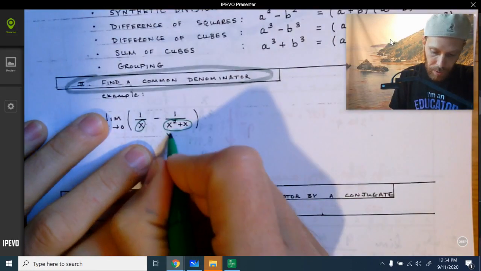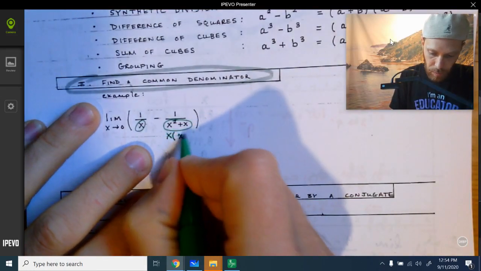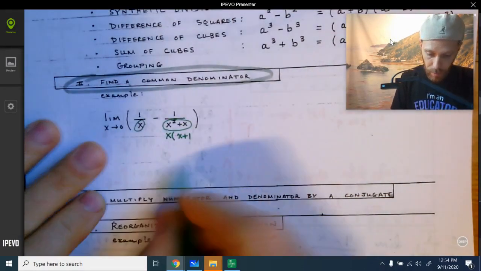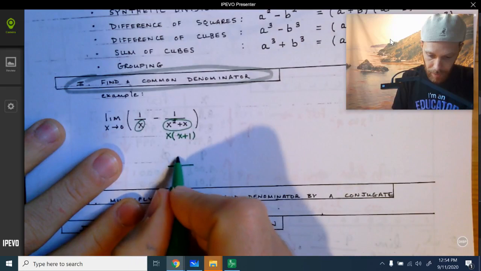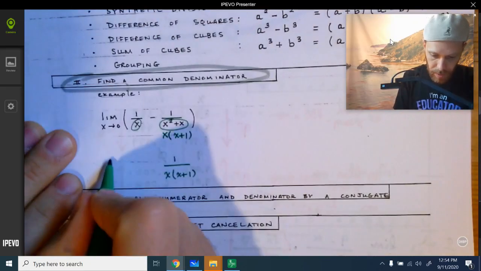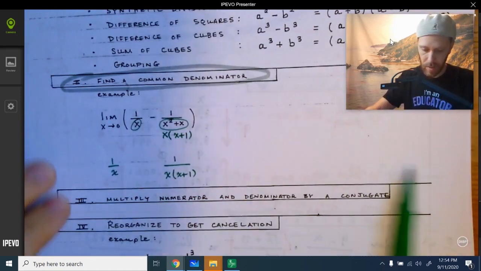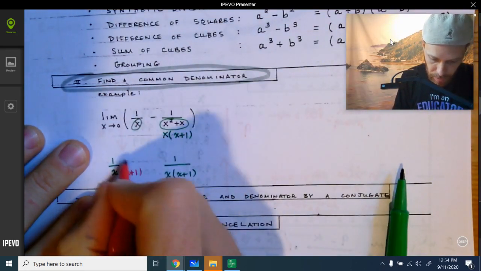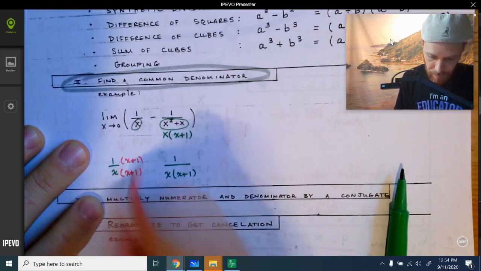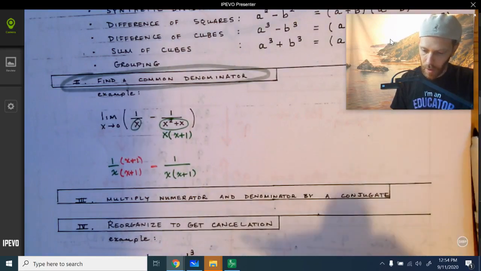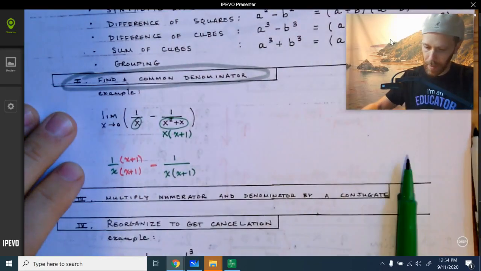Notice that this one factors into x times x plus 1. What that means, little side work over here, is that if this fraction is 1 over x times x plus 1, and this one is 1 over x, we could multiply this one by x plus 1 over x plus 1. Oh, there's a subtraction.